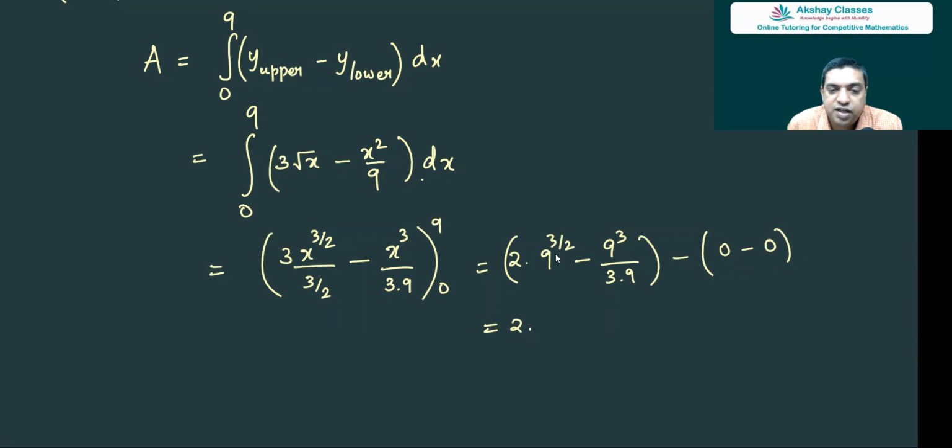So this is 2 times the square root of 9, which is 3, raised to the power 3 is 27, minus 9 cancels, 9 square divided by 3, which is 9 into 3, 27. So 2 into 27 minus 27 is 27 square units. So this is the area.